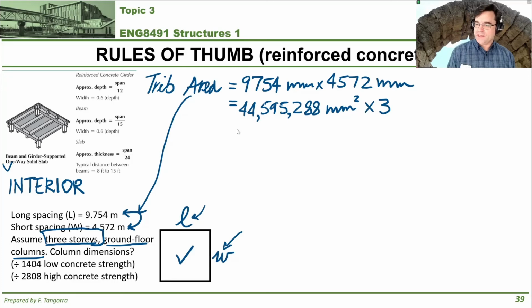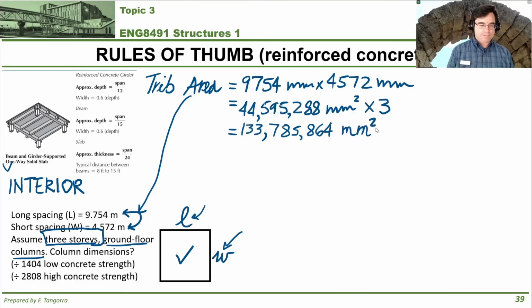So when you multiply this by 3 stories, we get 133,785,864 millimeters squared.